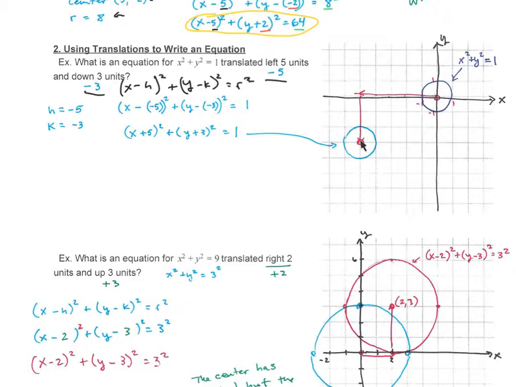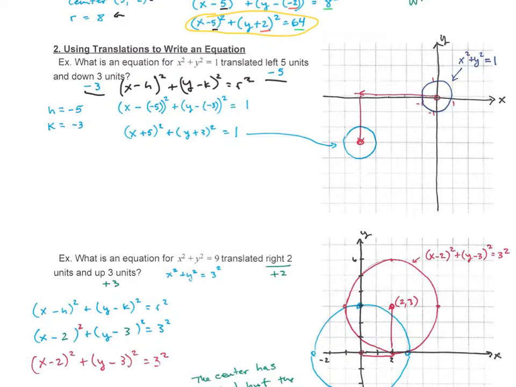So my new center is going to be at (-5, -3), and of course my radius is still 1. So there I have translated my circle. We went left 5 and down 3, and when I simplified a negative and a negative, I get (x + 5)² + (y + 3)² = 1. And there is a translation.